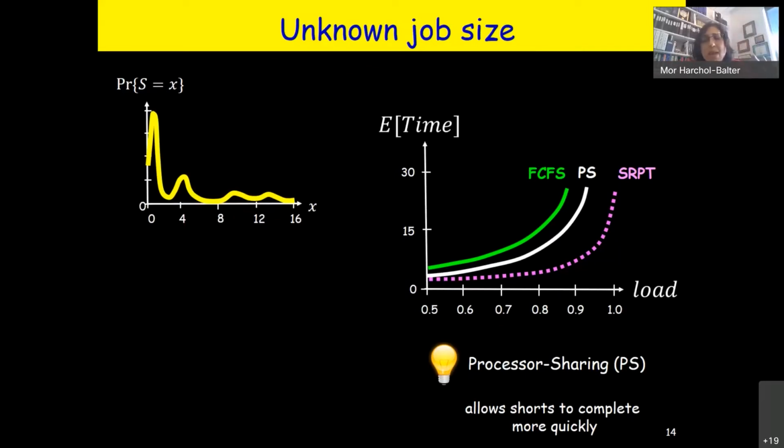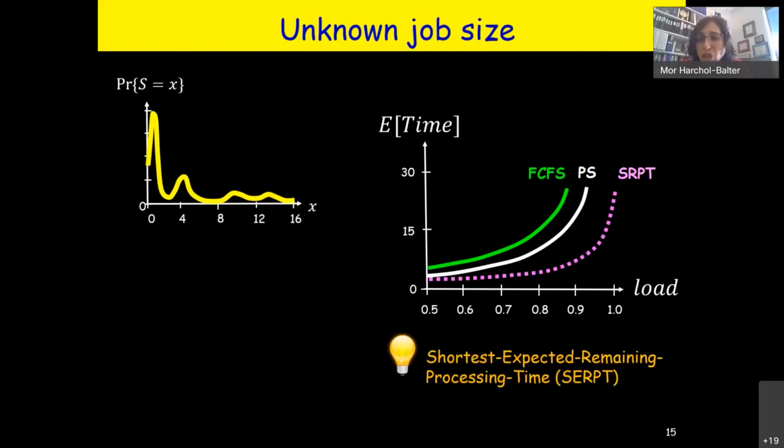But maybe processor sharing isn't good enough for you. Maybe you really want to get closer to SRPT. So can you still get closer without knowing anything about the size? Here's where you can use the age. The idea is we're going to run a policy called shortest expected remaining processing time, SERPT.